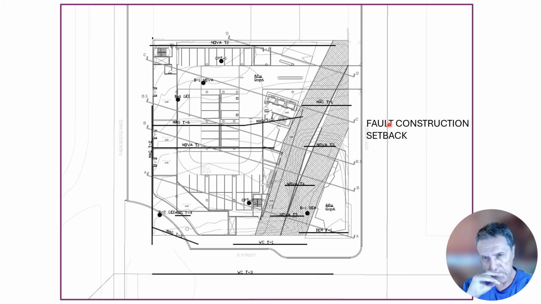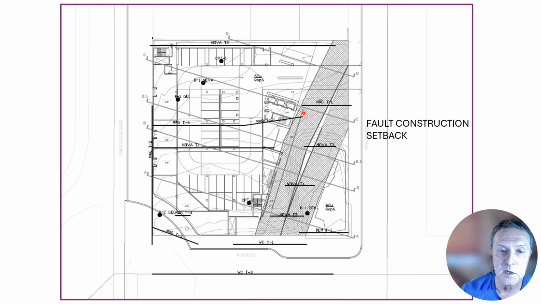So I talked about setbacks just a minute ago. Here's an example of an actual project where somebody wanted to build something and engineering geologists, including myself, found a fault going through the site. This is the general trace of the fault. On either side of this fault, which was an active fault because we had evidence of it cutting young sediments, we have a setback zone.